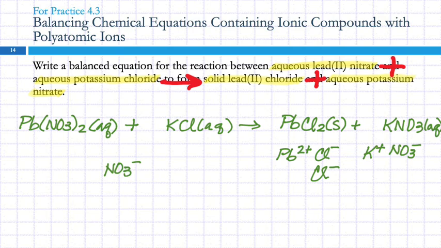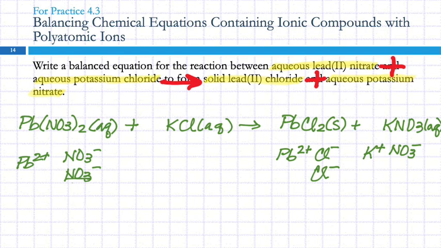So I need to balance this. Over here, I've got one lead ion, right? And over on this side, how many lead ions do I have? On the right side? 1. So that one's okay. Here, I moved one of those guys, so I have to replace it. I have 2 nitrate ions. Over here, how many nitrate ions do I have?